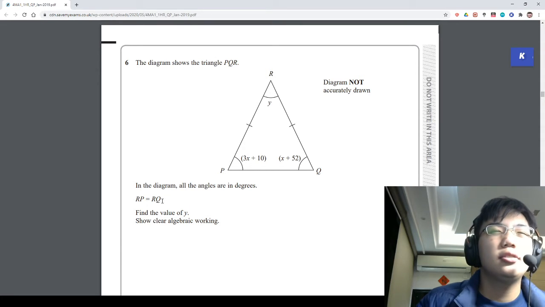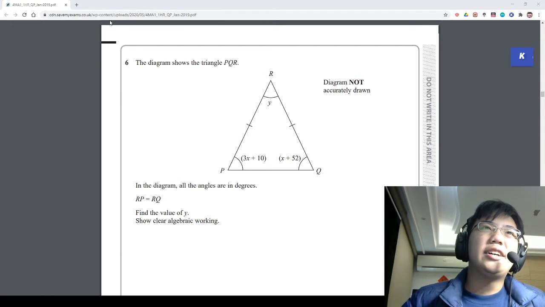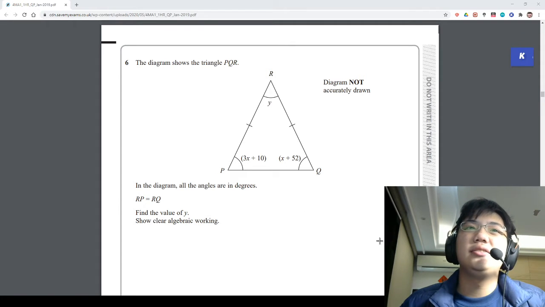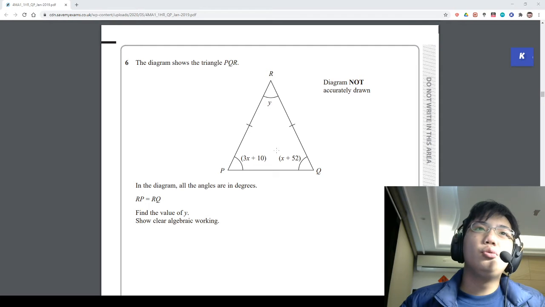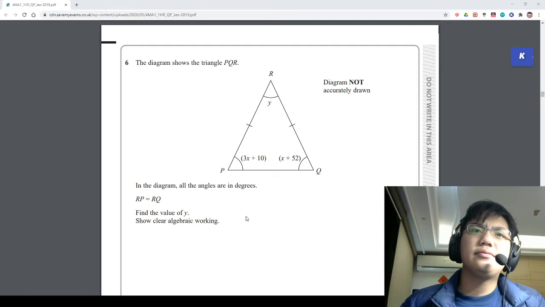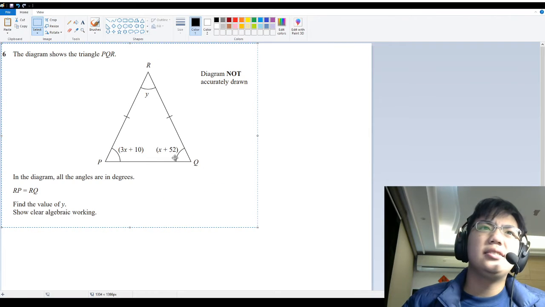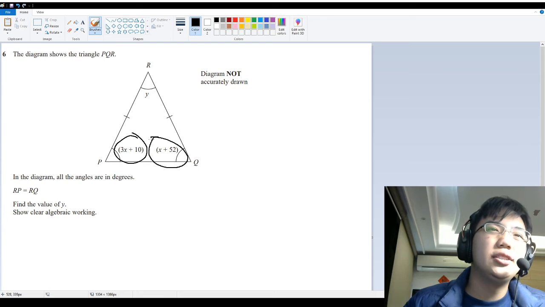The only information they have given you is that RP and RQ are equal. So we know that the triangle is an isosceles triangle, which obviously means that the bottom two angles, this one and this one, are the same.